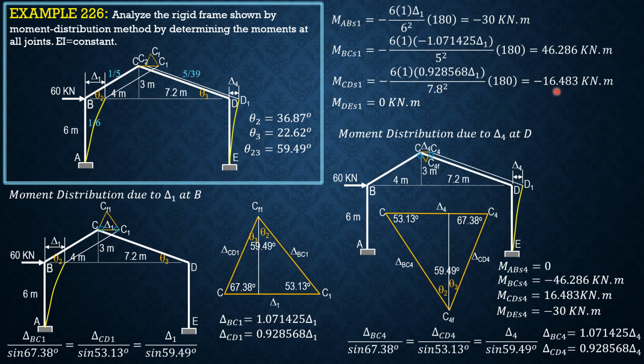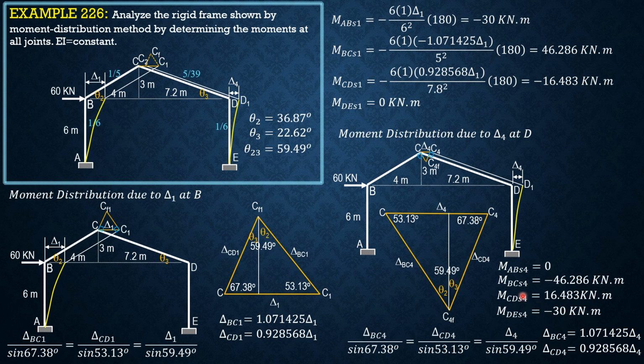So it is positive 16.483 kilonewton meter. Just like this, the moment DE due to side sway would be negative 30, because the rotation of this chord is clockwise. So negative 30 kilonewton meter.